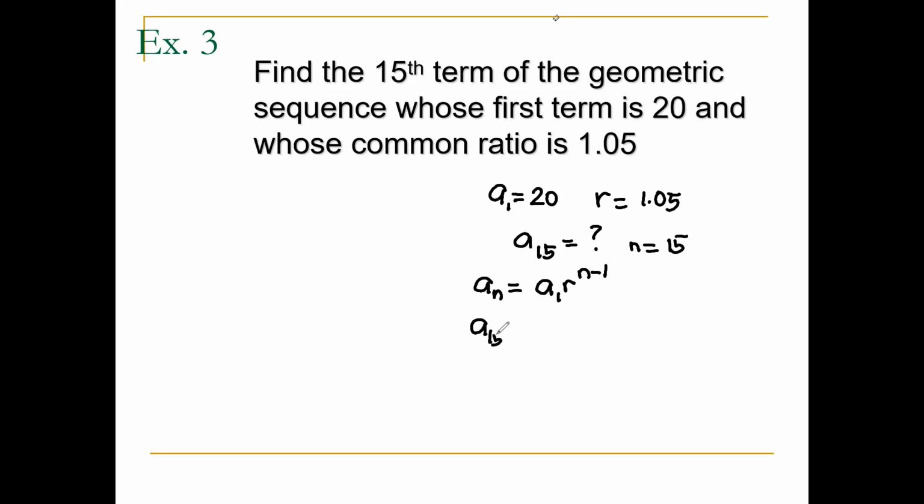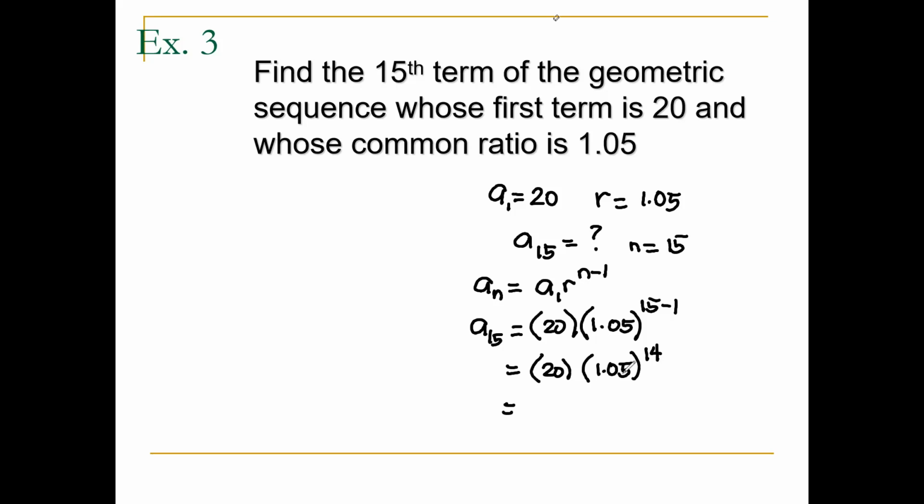So a sub 15 equals the first term 20 multiplied by the common ratio, which is 1.05, raised to n minus 1. Then simplify: 20 multiplied by 1.05 raised to 15 minus 1 becomes 14.